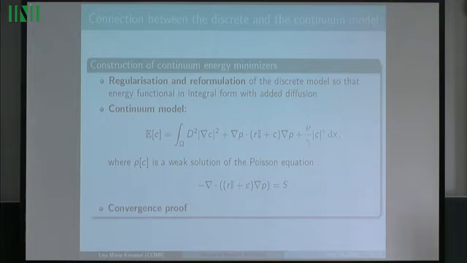And we could actually prove rigorously that this is the associated continuum model which corresponds to our discrete model. So we have some Poisson type equation here, which is the constraint of a continuous energy functional.